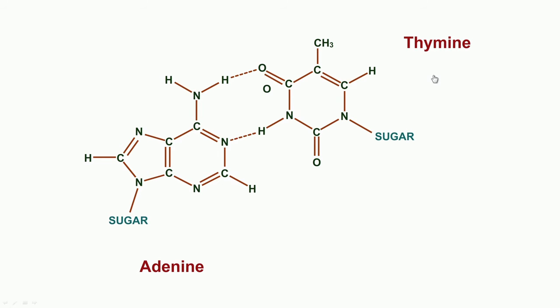Adenine and thymine, by their very chemical nature, can form hydrogen bonds between these two. There are 2 hydrogen bonds that are formed between adenine and thymine, and this is what is called base pairing. This is a base pairing, a hydrogen bond formation between adenine and thymine.